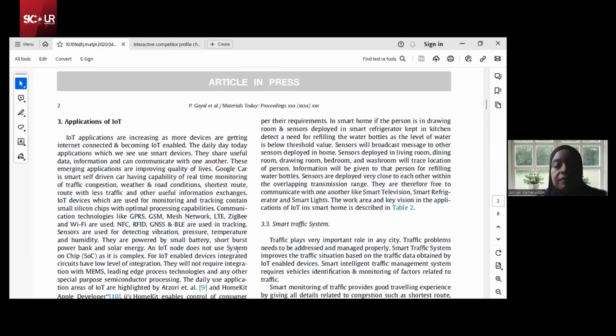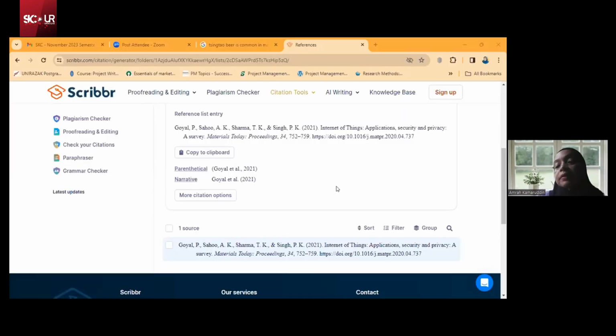So let's have a look again in order for you to understand what I say. Like this. See? Et al. means if there are more than 2 authors. The rule of thumb is 2. If there is Goyal, Sharma, Singh, you use et al. If still 2, Kumar and Gopal, you use and Gopal.